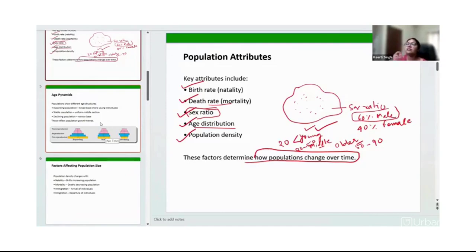If you are going to study the population density of India only, or you are taking into account more than two countries, or you are going to talk about the whole sphere, the earth, which region is having which kind of population. So these things come in handy. This is the way this population ecology works.